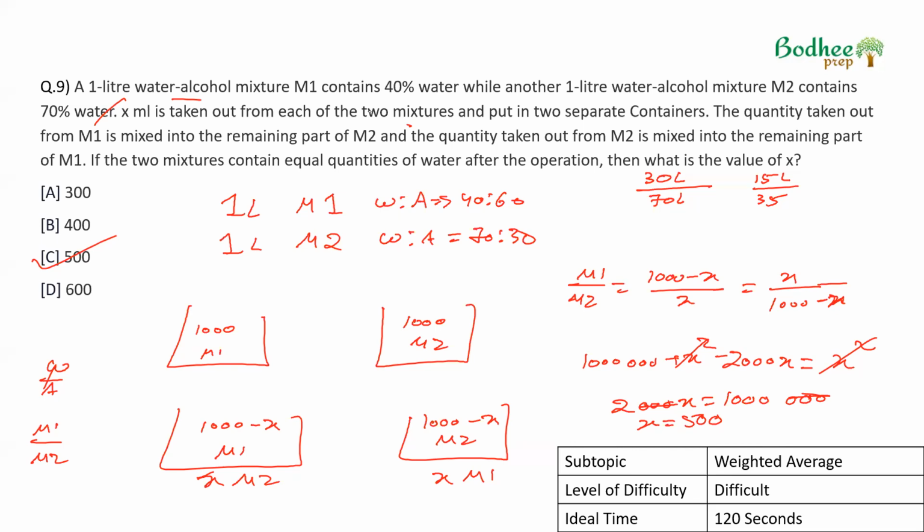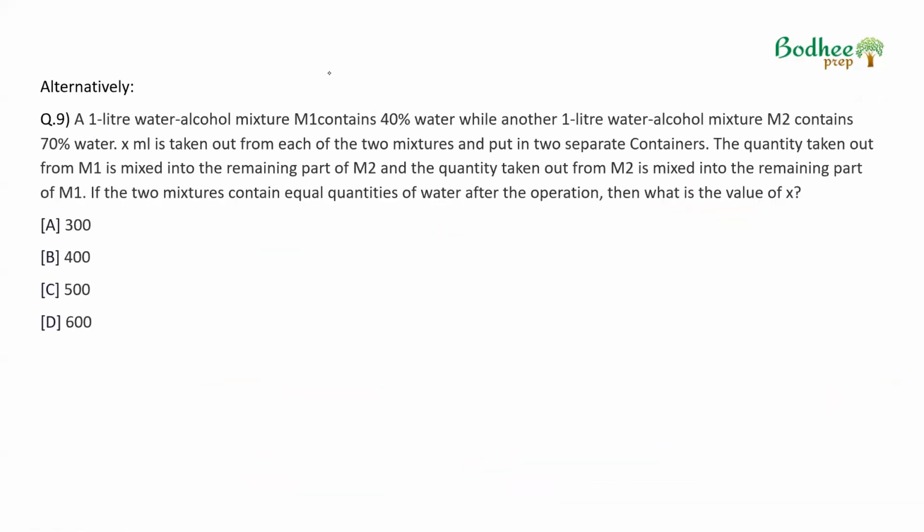Apart from this, if we look at this question alternatively, please understand there are two solutions, M1 and M2. And from here, we are making two different solutions which have M1 and M2 in them. If we want both to have the same concentration, we can simply say the volumes of M1 and M2 should be same.